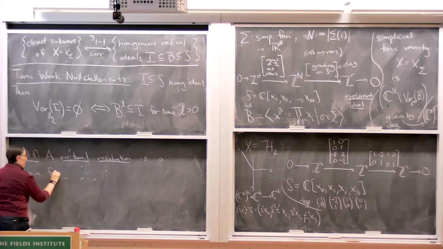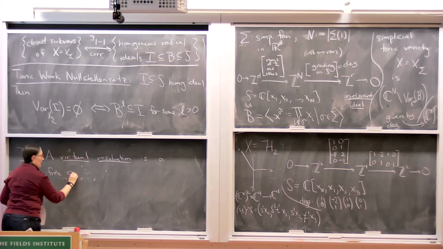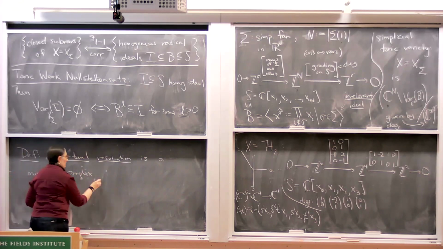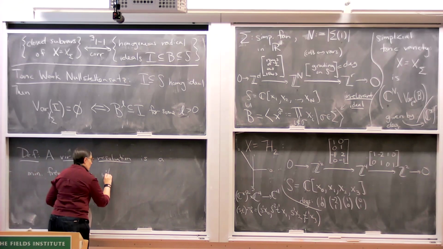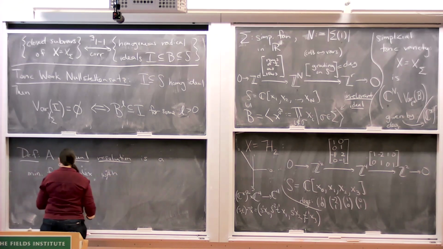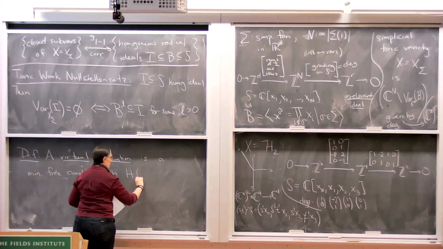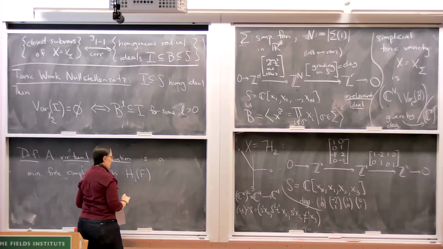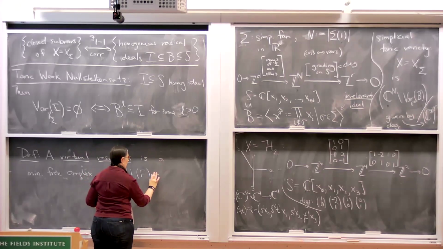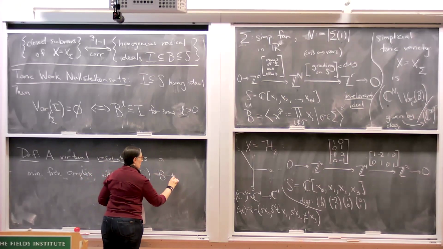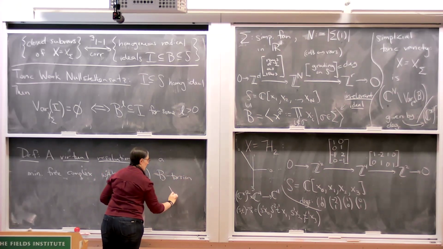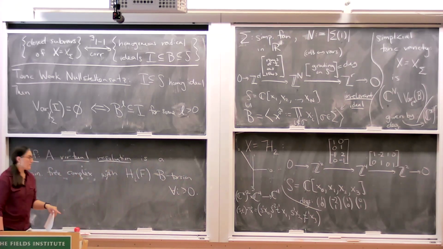So a minimal free complex, of course graded, now multigraded, with each H_i of F now B torsion.